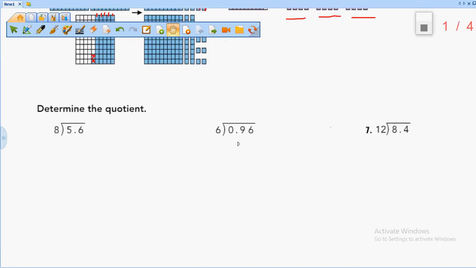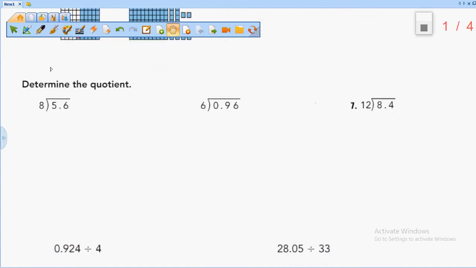Now determine the quotient. Again, 5 divided by 8 I can't, so I have to represent the answer here by 0 because I can't. Now after 5 we have the decimal point, so we have to put it up.